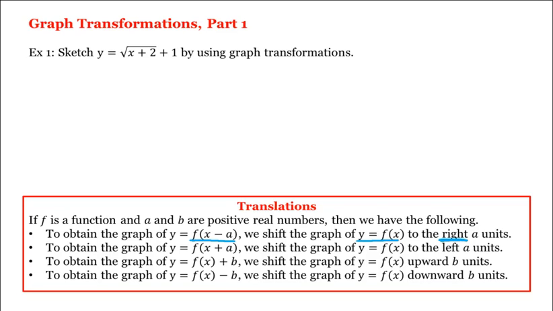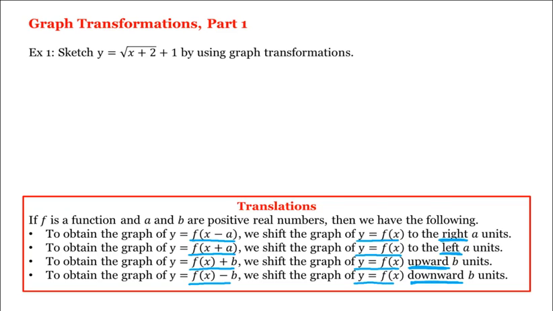And to obtain the graph of y equal f of x plus a, we shift the graph of f to the left a units. But to obtain the graph of f of x plus b, we shift the graph of f up b units. And to obtain the graph of y equal f of x minus b, we shift the graph of f down b units.